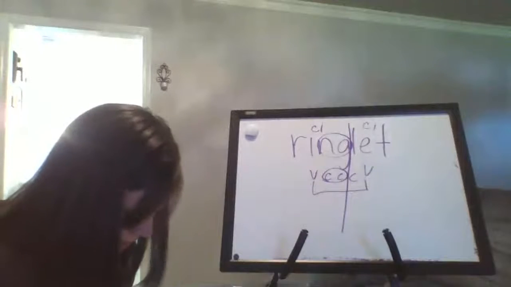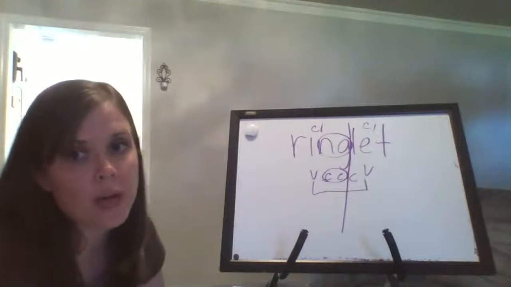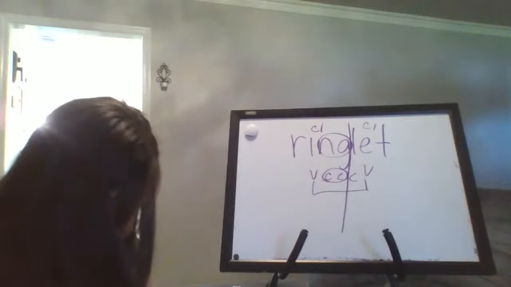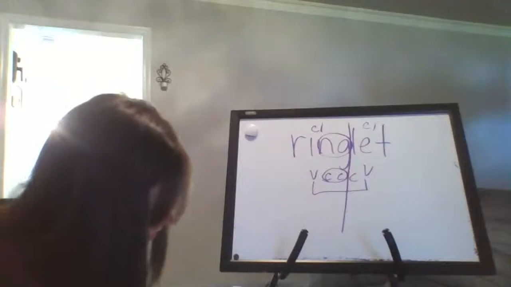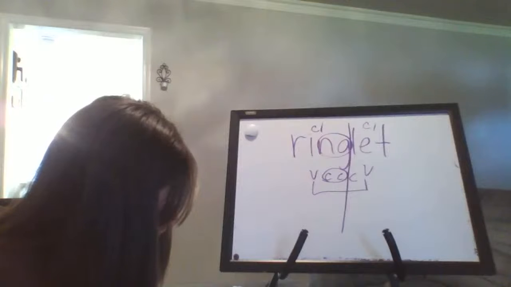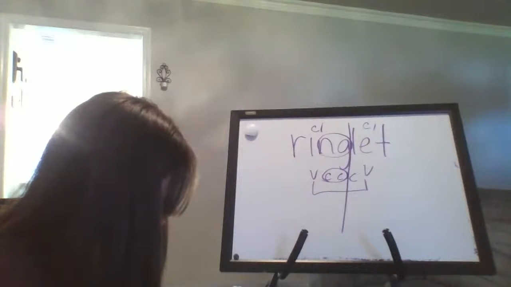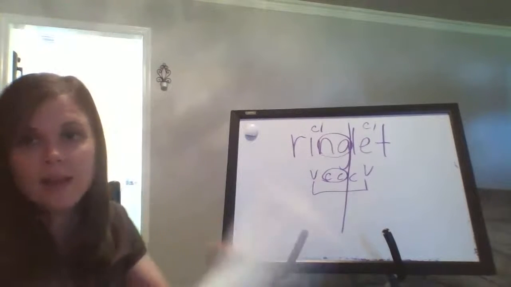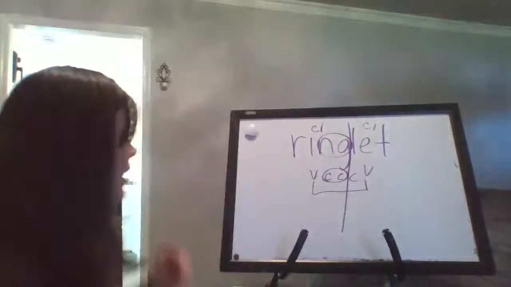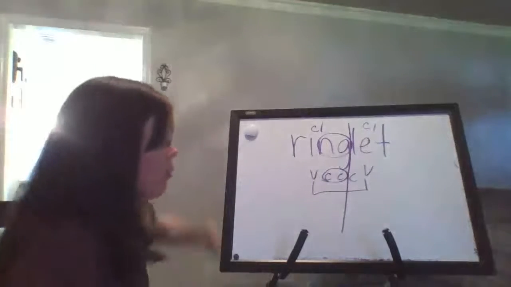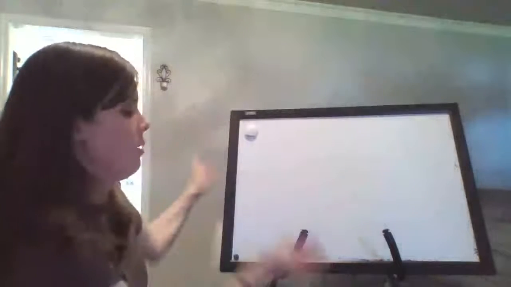Let's look at, you get out your whiteboard and write this word on your whiteboard also. I-N-K-W-E-L-L. Now, when you write this word down, you're going to recognize it right away as a compound word. But we are going to syllabicate that compound word.